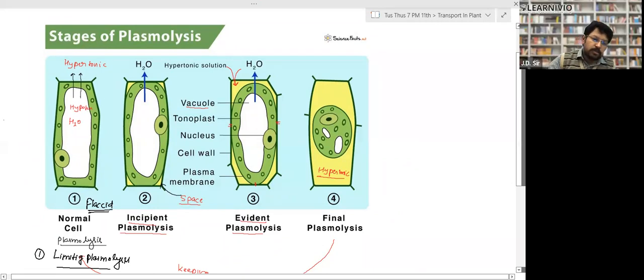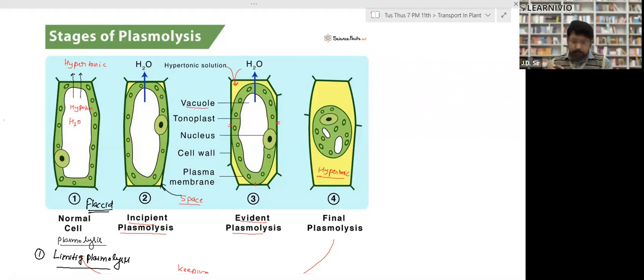Right. Now the stages of plasmolysis. What is plasmolysis?